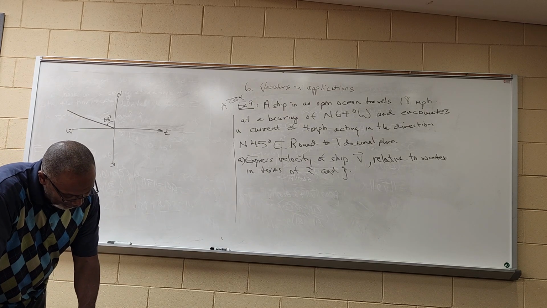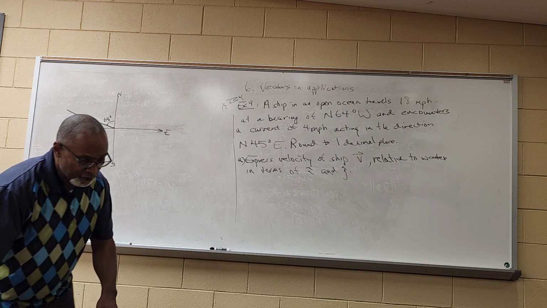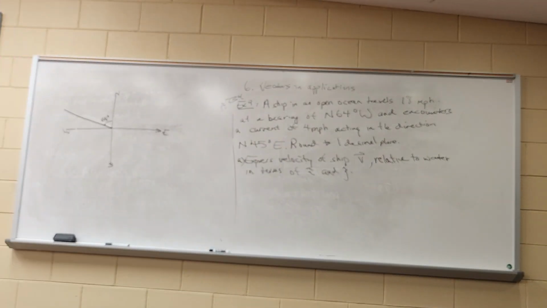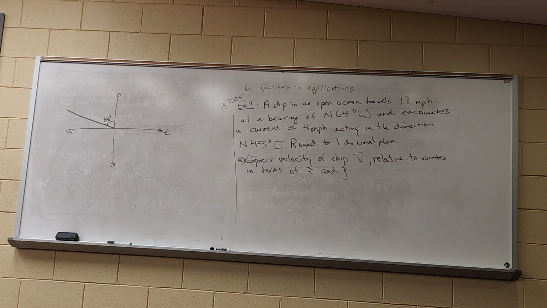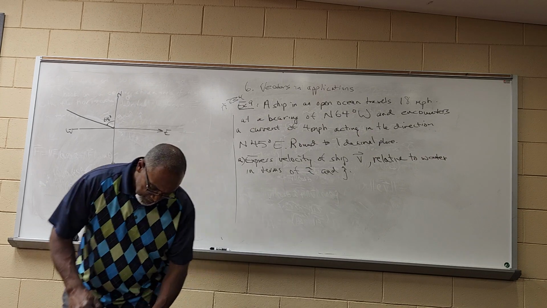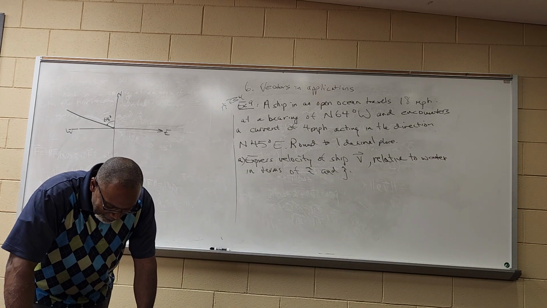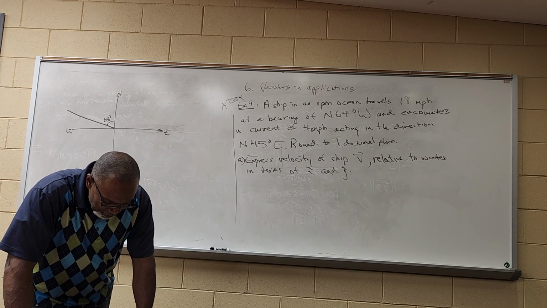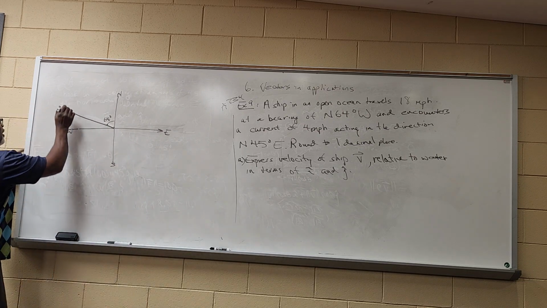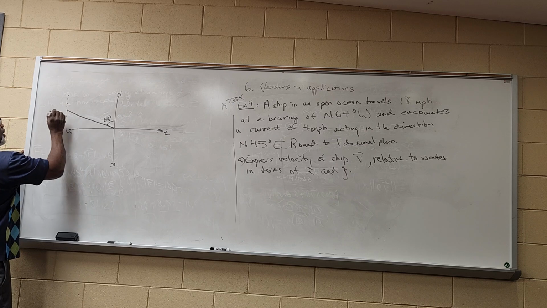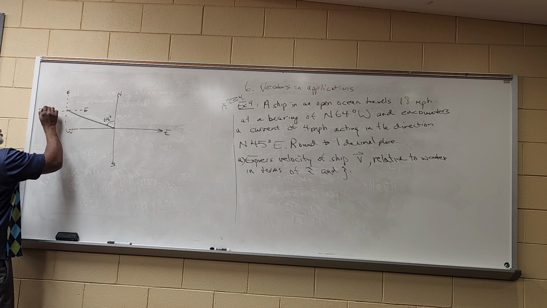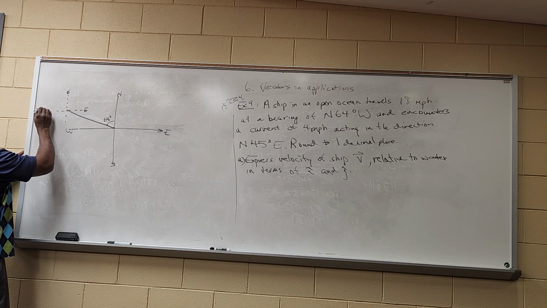So they say it encounters a current of 4 miles an hour, okay? And they say the current is acting in a direction of north 45 degrees east. So what I have to picture is a second orientation system.